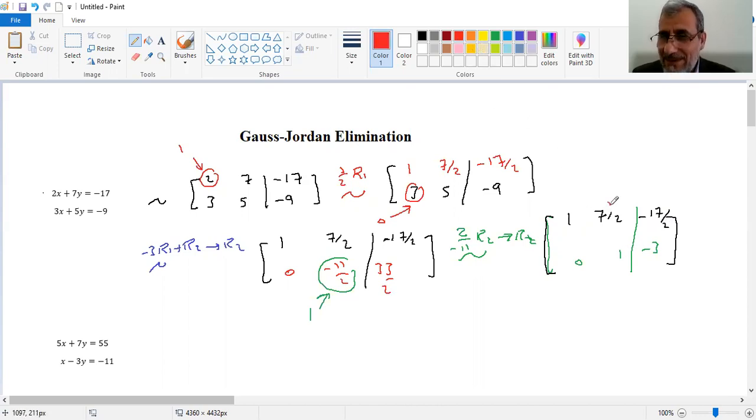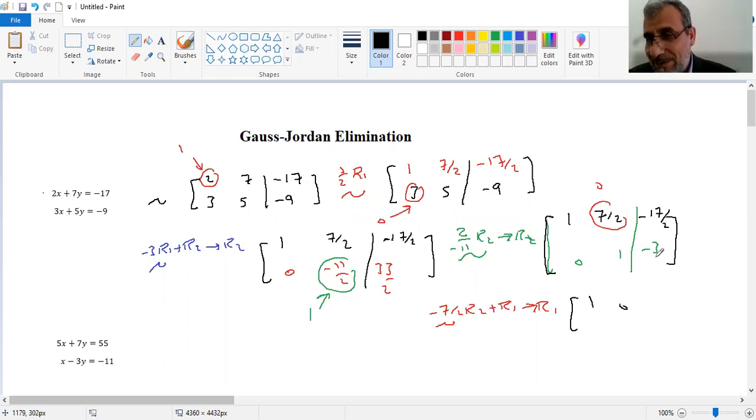Now we need 0 here, so we multiply R2 by negative 7 over 2 and add it to R1. I want to change R1. Multiplying by negative 7 over 2, the 0 stays 0 and 1 stays 1. Negative 7 over 2 times negative 3 is 21 over 2, plus negative 17 over 2 gives 4 over 2, which is 2.